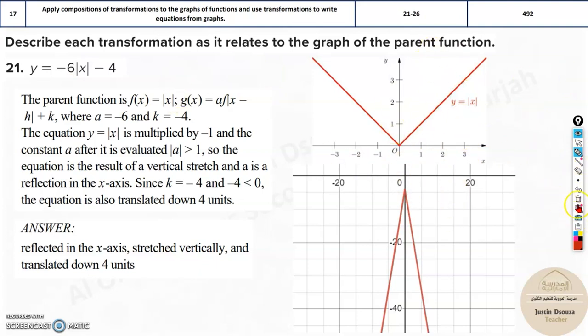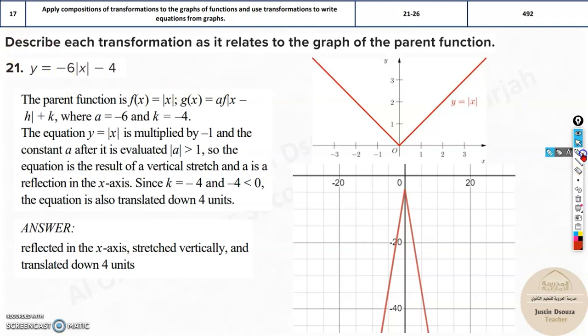Now, a few things to remember. Whenever you have this minus 4 or plus 4, you must say it is translated up or down by so many units. If it is plus 4, it is translated up. Since it's minus 4, it is translated down by 4 units. Next, here it is negative.